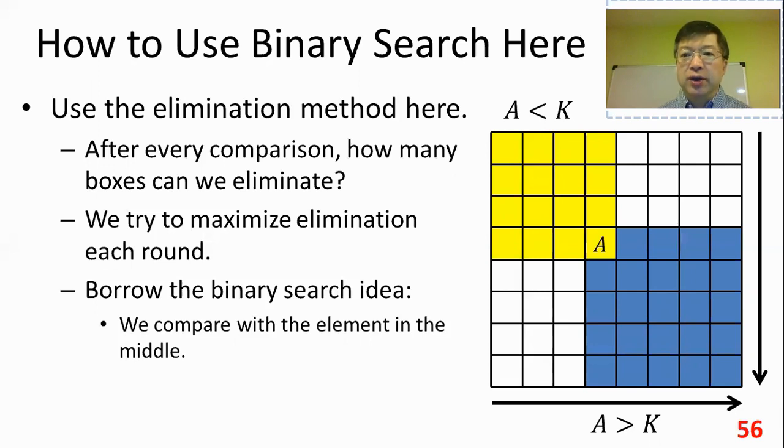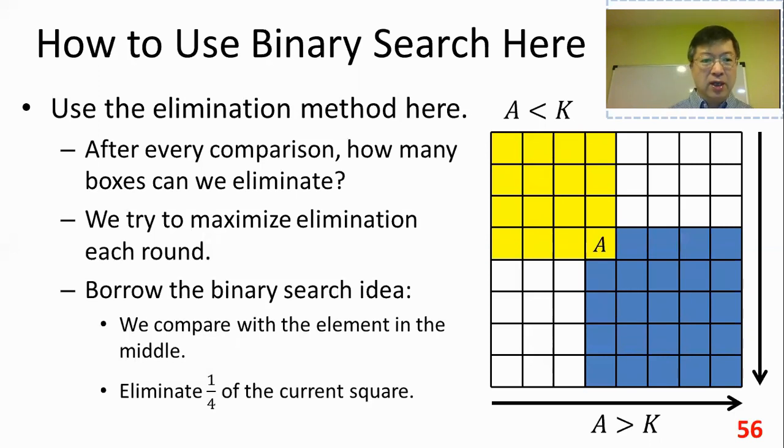How about the remaining area? How do you handle the elements in the remaining area? The remaining area becomes smaller and smaller. Then the number of elements you can eliminate becomes fewer and fewer.